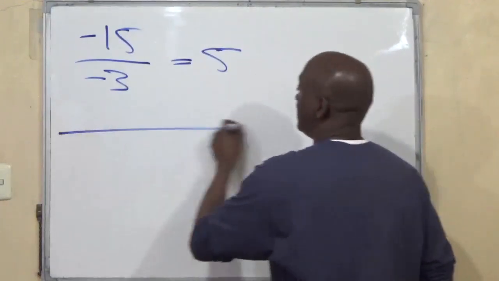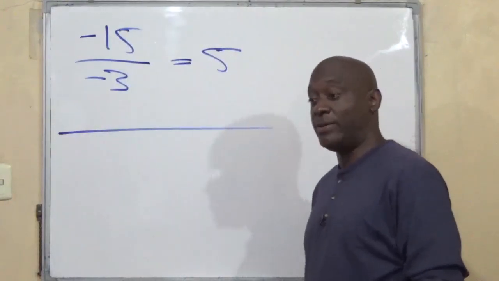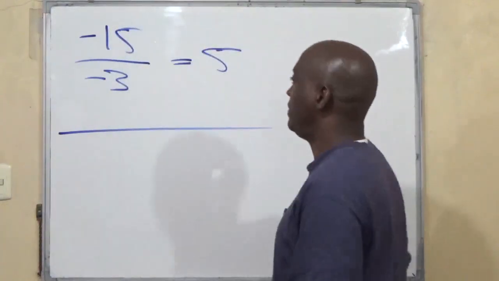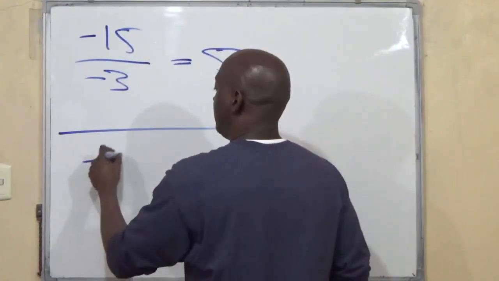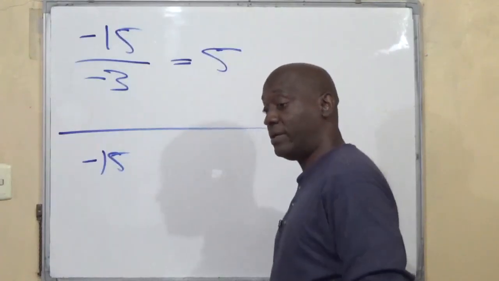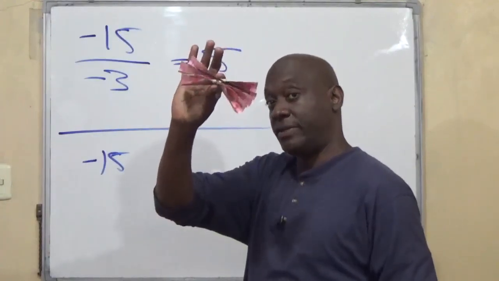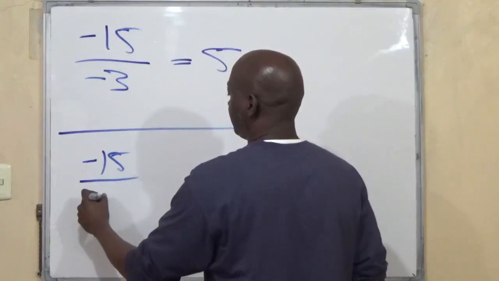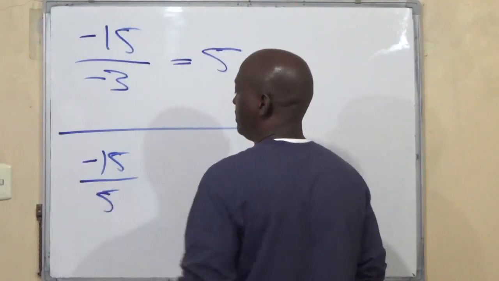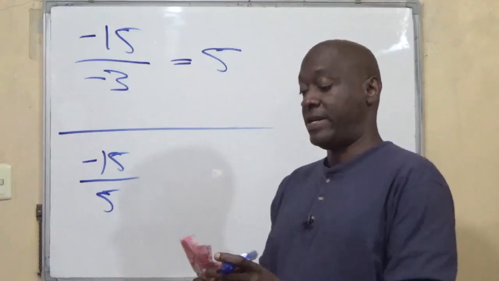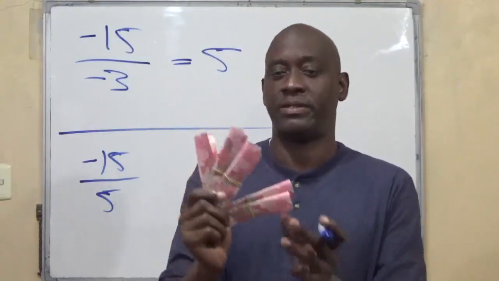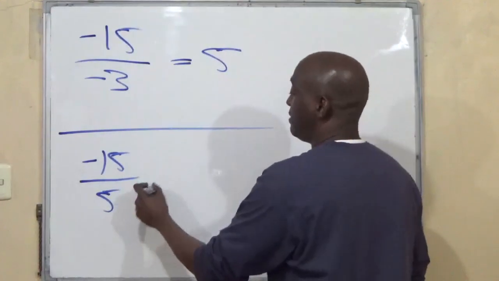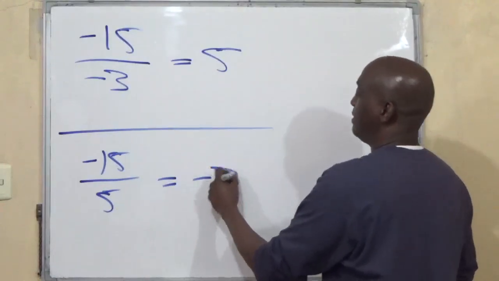So in this case, if we want to find out the amount of each payment going out, we would divide the minus 15, which is the overall debt, all 15, divided by the number of payments, divided by the 5 payments. You divide the minus 15 by 5, and you get minus 3 as the answer.